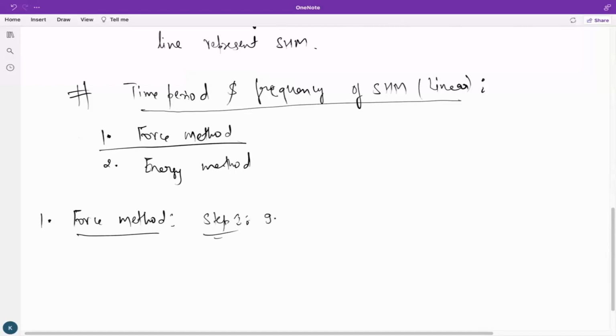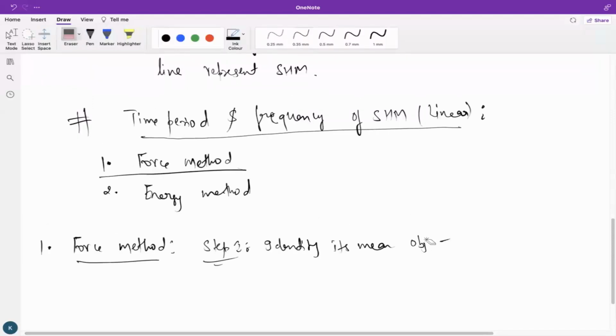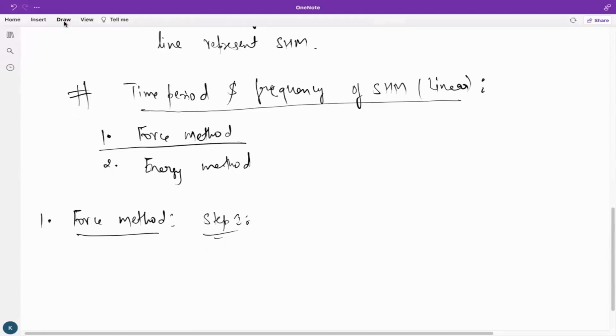First you have to identify its mean position. Whatever the object is, first identify its mean position and write the equilibrium equation.